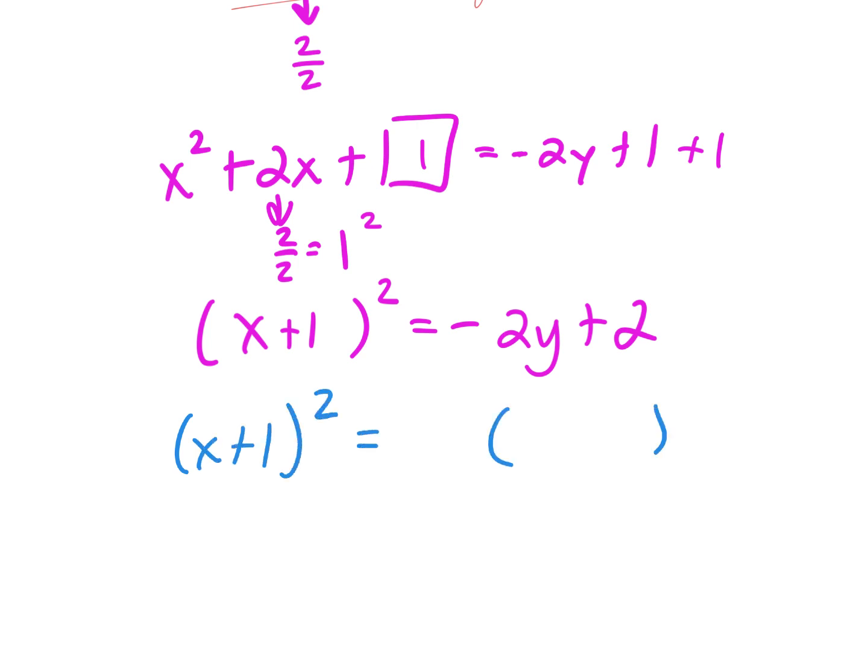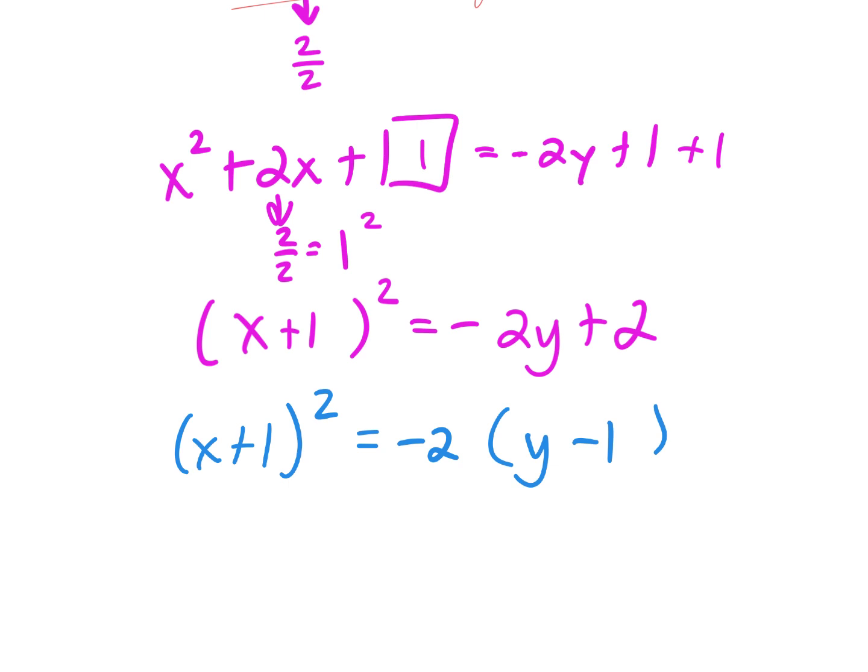What could I do? Can I factor out a negative 2? Yes, I could say negative 2, and then what do I get here? y minus 1. All right, guys, that will happen every single time. When you have a parabola problem like this and you have to complete the square, every time you complete the square and move something over, you'll be able to factor this.